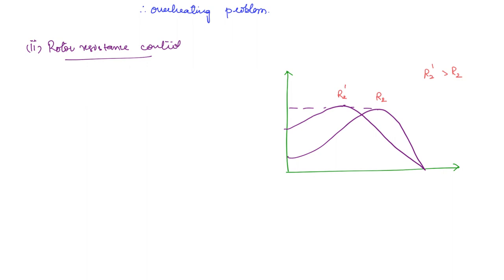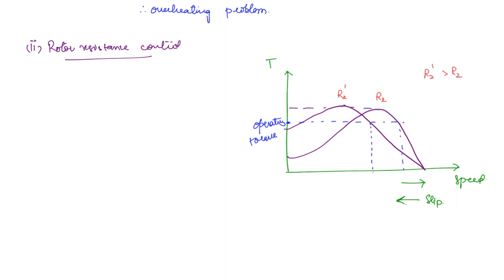Now this is torque and this is speed. Speed is increasing in this direction, slip is increasing in the opposite direction. Now for a particular torque, say this is the operating load torque. If you are increasing the rotor resistance, what is happening to the speed? It is going to reduce. This was the initial speed. If you increase the resistance, then speed will fall and the slip will increase.